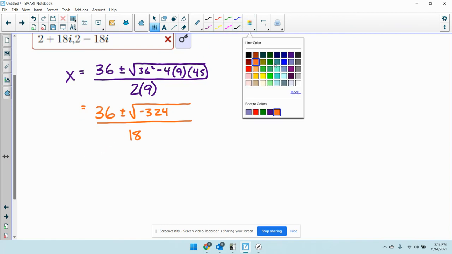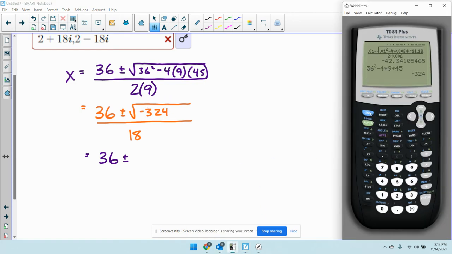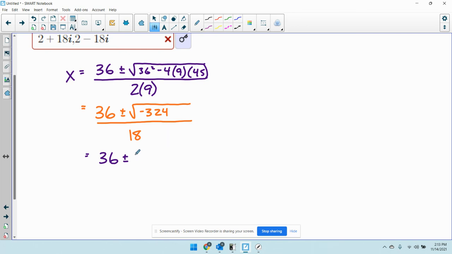So then we get 36 plus or minus. We're going to have an i here because of the negative in the square root. The square root of 324, I believe, is 18. Yeah, I'll just show you. Square root of 324 is 18. So negative 324 will be 18i over 18.